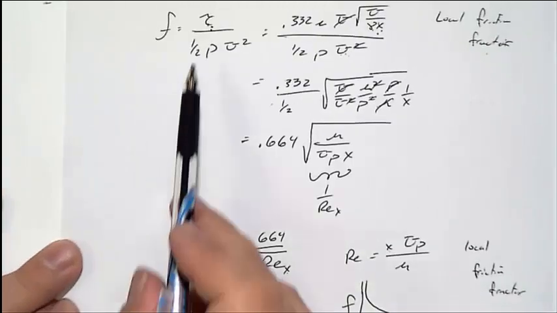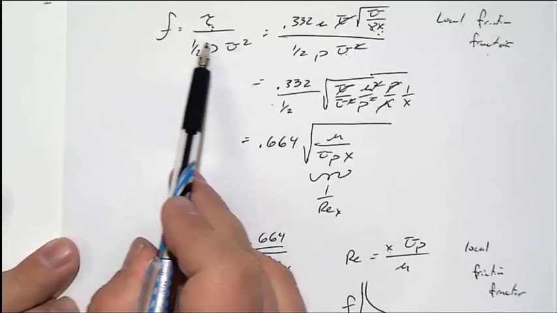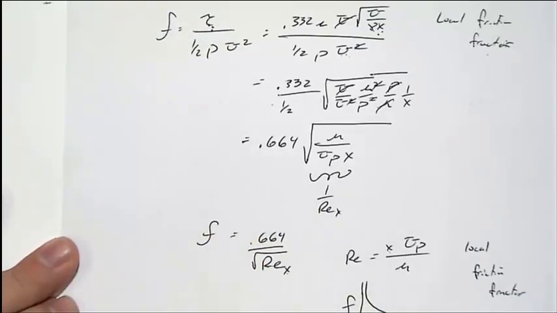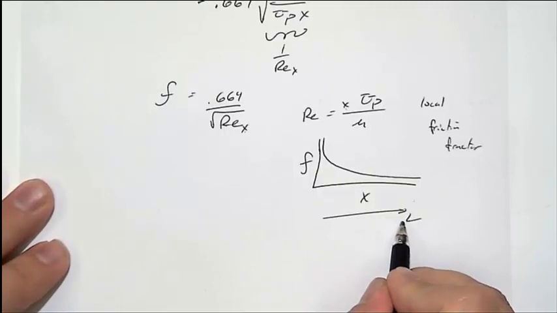Now, if we really want to look at the total shear stress, or this whole system, we could essentially do the same thing, but integrate over this whole length of x.